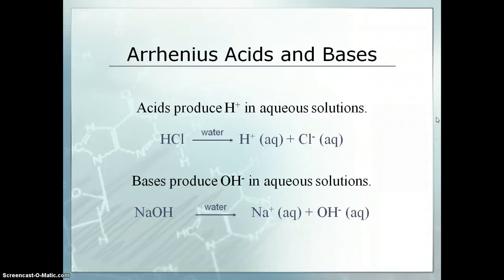The term aqueous solution just simply means in water. So if you look at both our reactions, you see water over top of our reaction arrow saying that this reaction takes place when there's water present.